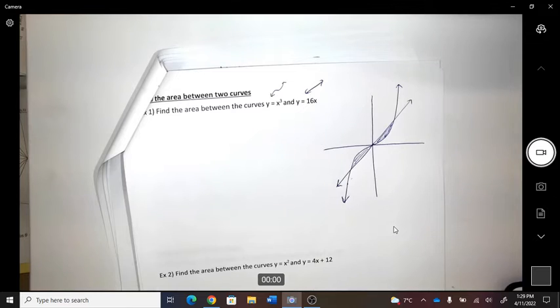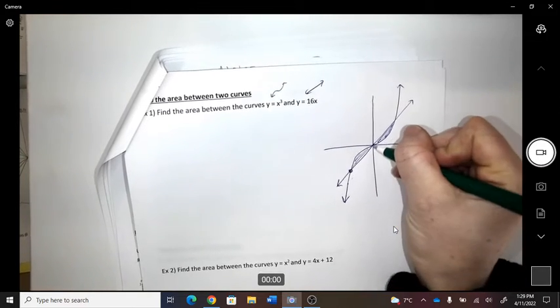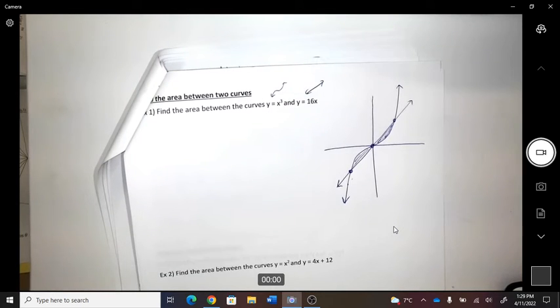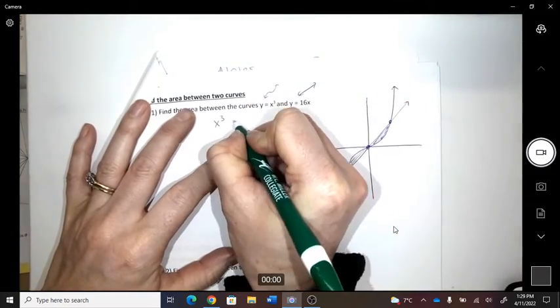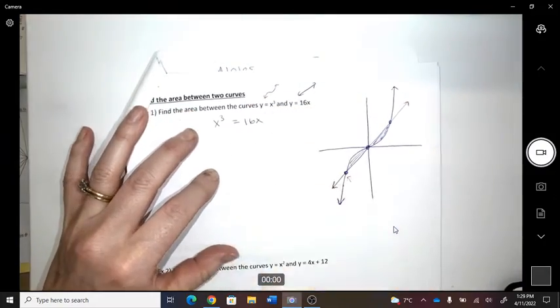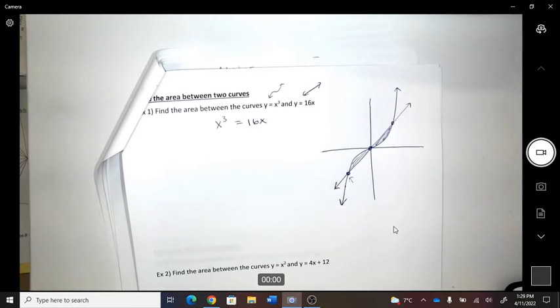Okay, so what do I want? I want these x values because I want to know the boundaries. Okay, so in other words, I need the intersection. So where does this equal this? So that's what I'm going to try to figure out, the intersection.